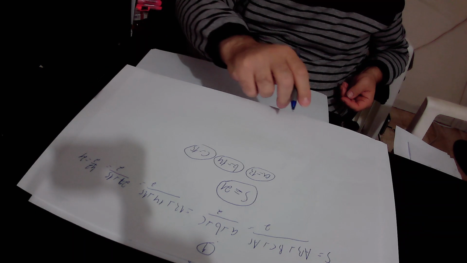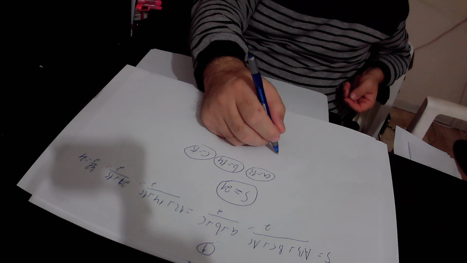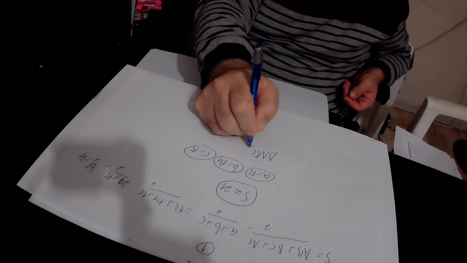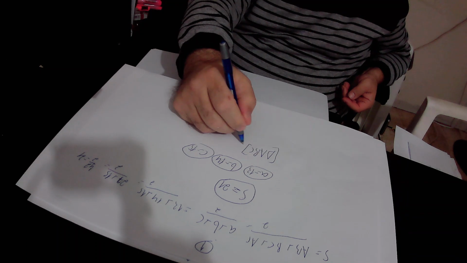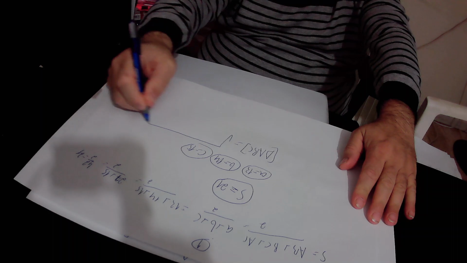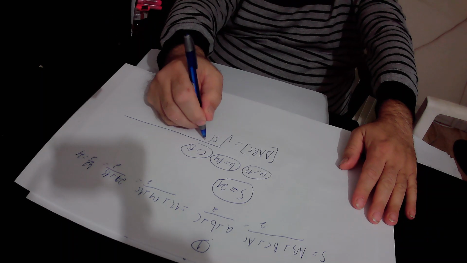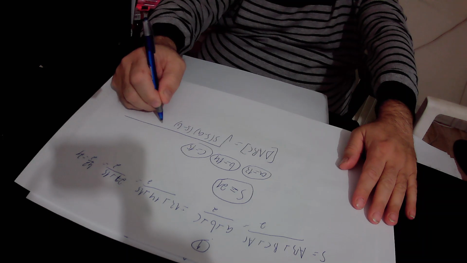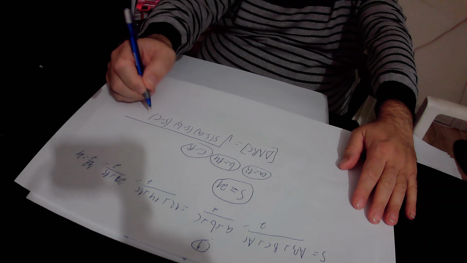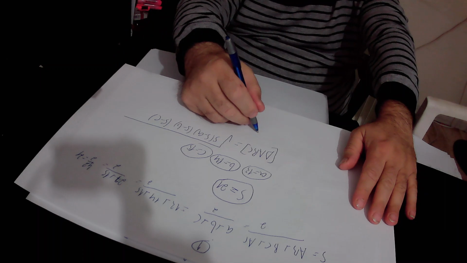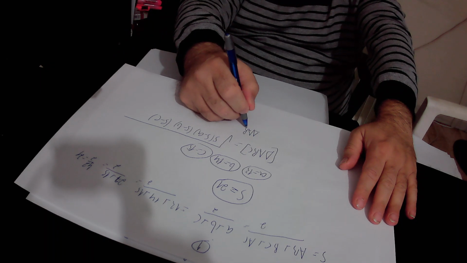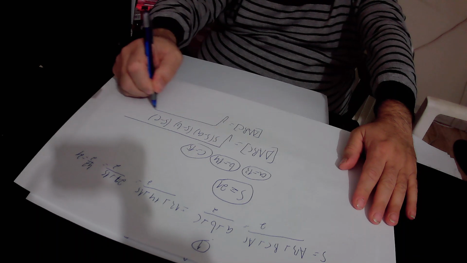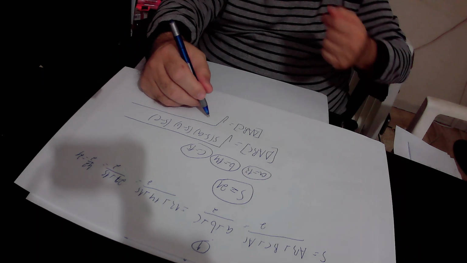According to the new formula, the area of triangle ABC equals the square root of S times S minus A times S minus B times S minus C. So the area of triangle ABC is equal to the square root of S. S is 21.